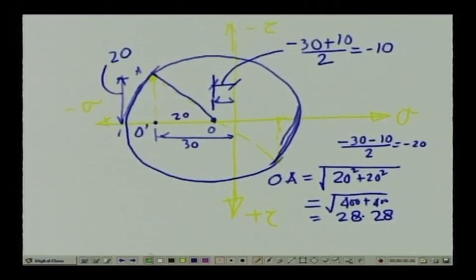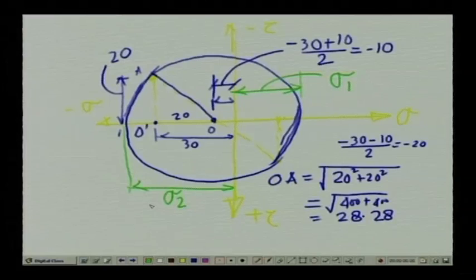The principal stresses are, this is the maximum principal stress, which is sigma 1, and this is the minimum principal stress, which is sigma 2. Now, what will be the value of the maximum principal stress acting on this particular plane?